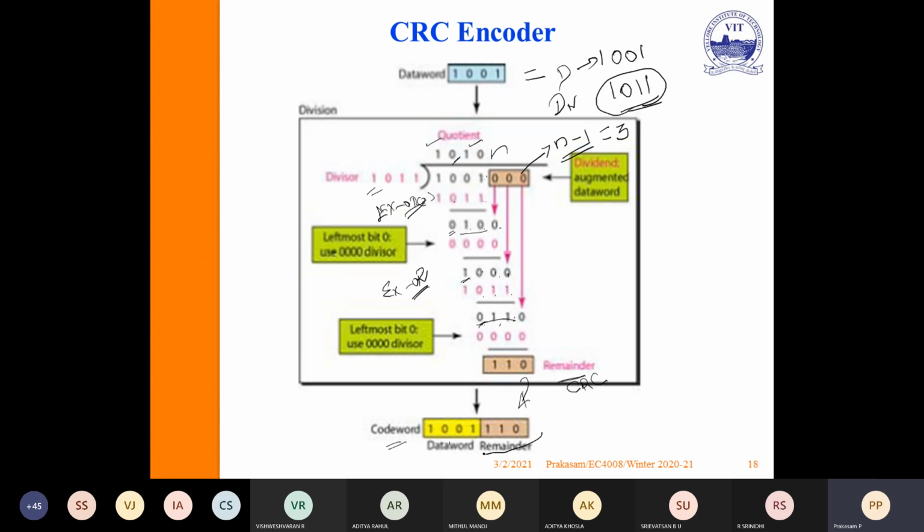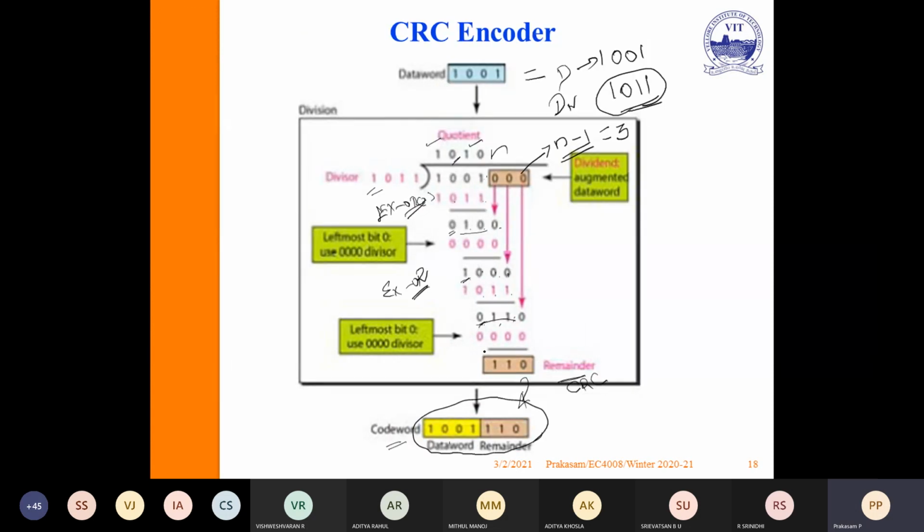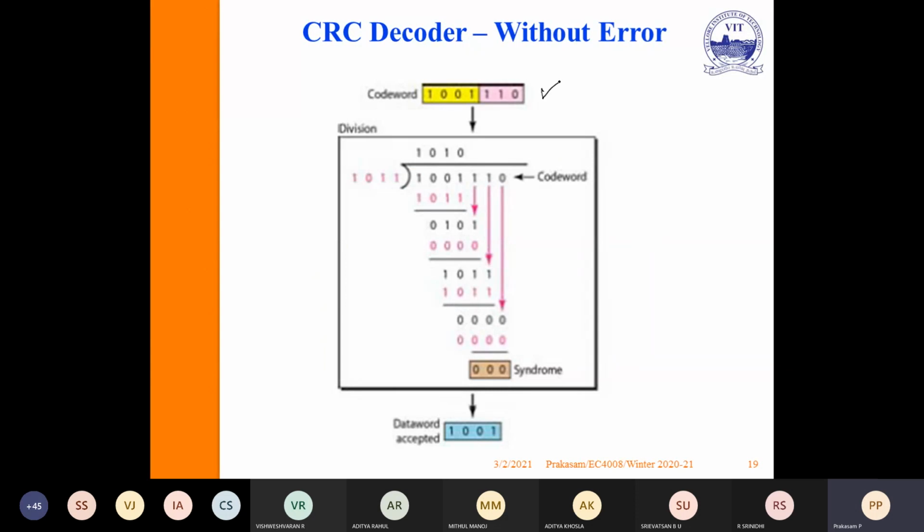I am going to transmit this code word through the medium. On the receiving side, suppose let us consider I am receiving without any error. I am receiving the code word without any error. I am doing inverse operations. Again, I am dividing with the divisor, same polynomial 1011. I am repeating the same process.